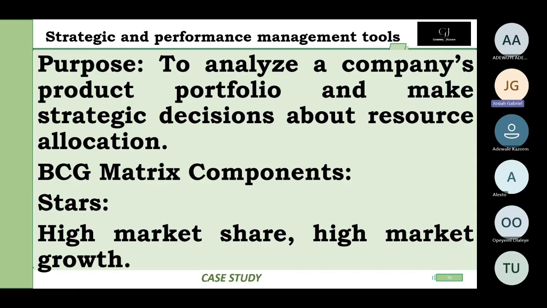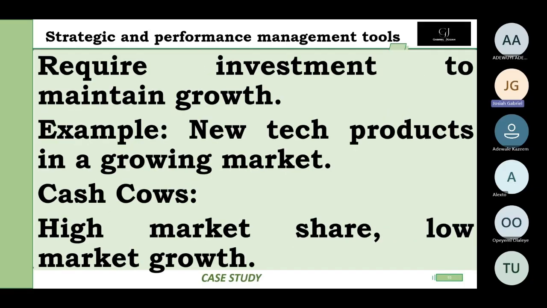A product that is doing very well, out of maybe four of your products, is a star, and a star has high market share and a high market growth rate. So you need to maintain that growth and make it sustainable.